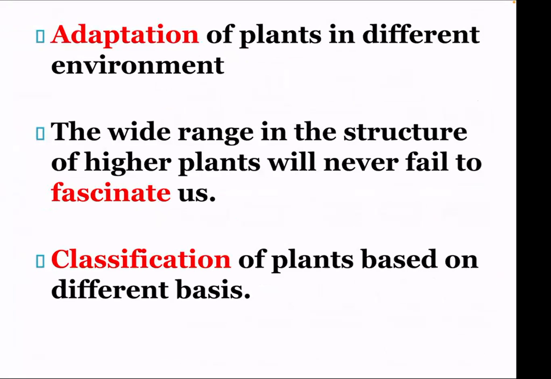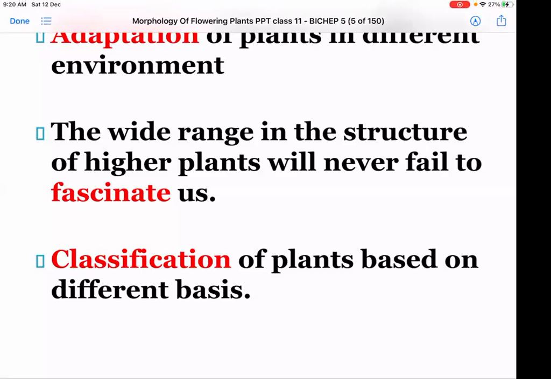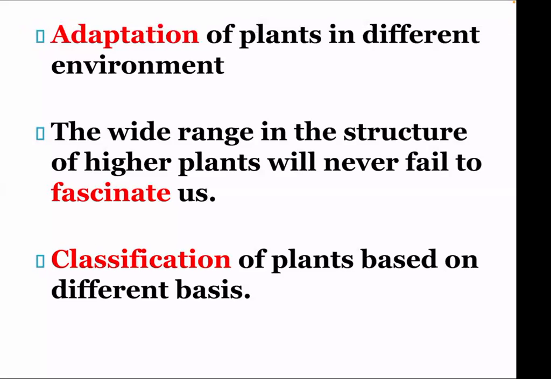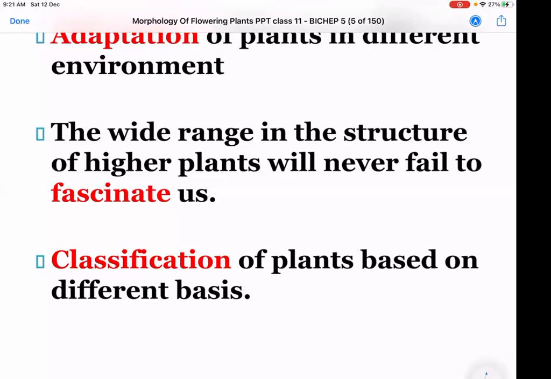Habitat means the place where they are living. So adaptation of plants in different environments will be different. It means the plant seen in a desert will be definitely far different from a plant seen in the forest or in the grassland.